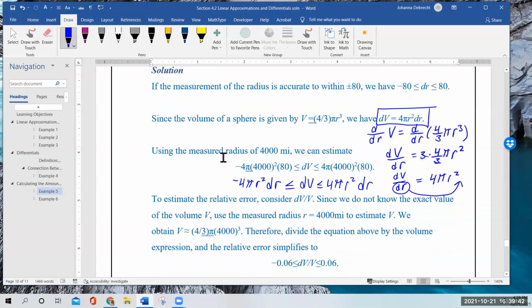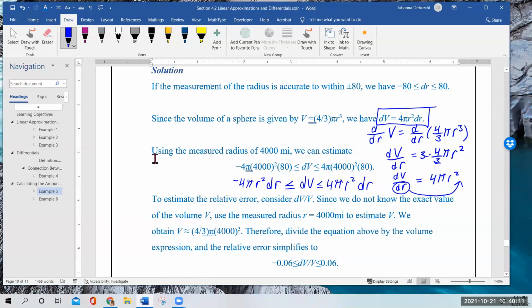We will have some propagated error, but there's no other way to compute these values. When we use the value of 4,000, we get approximately 4/3 pi times 4,000 cubed. Then we divide the equation by the volume expression. So we take this equation up here and we divide all 3 parts by 4/3 pi 4,000 cubed.